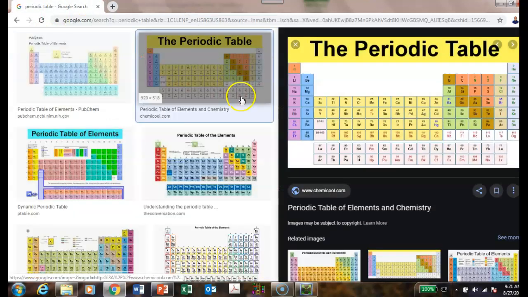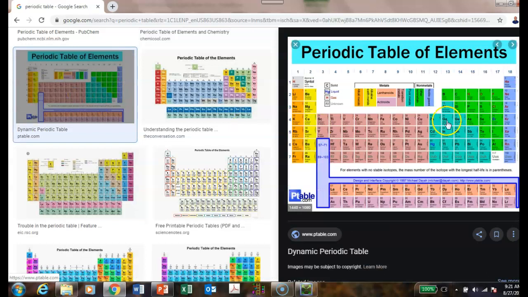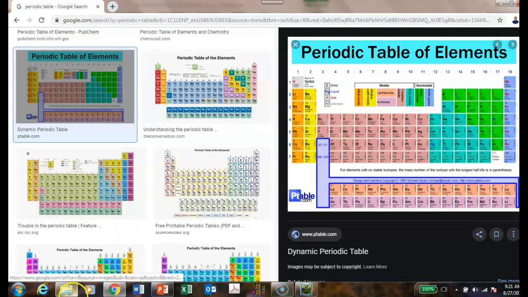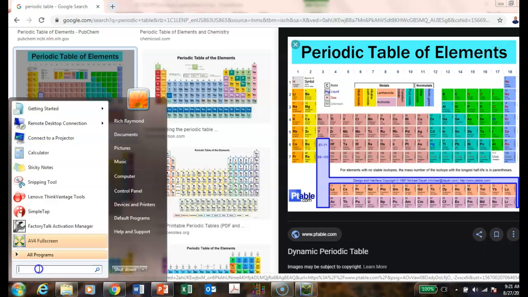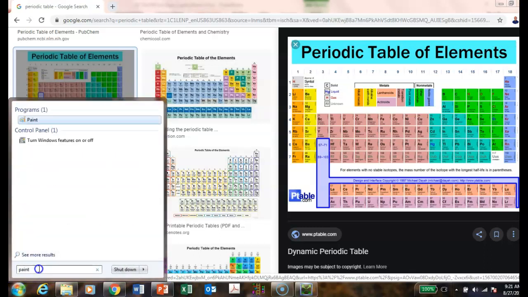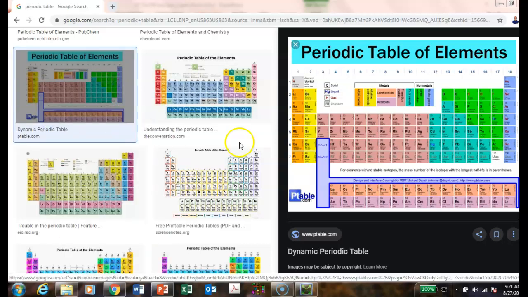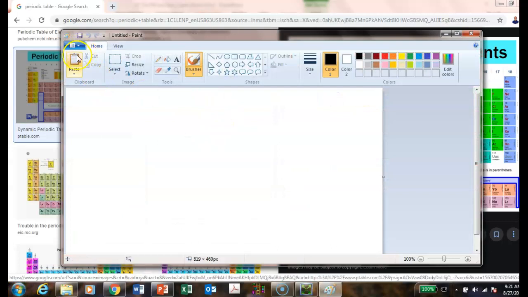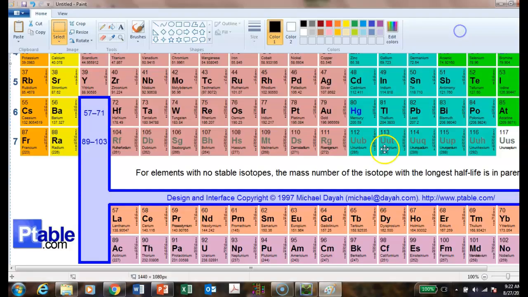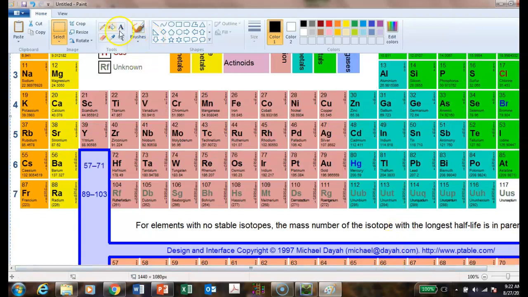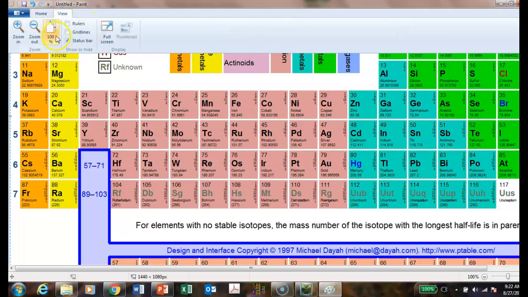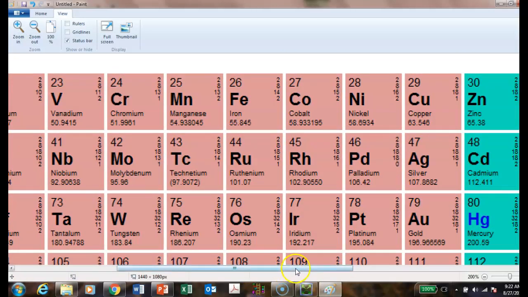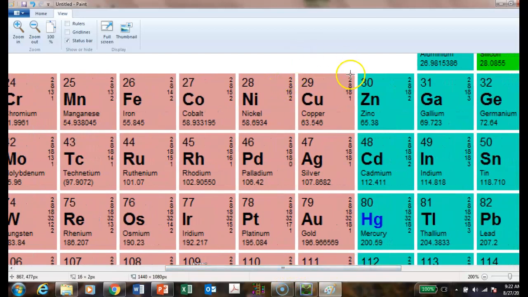That's not going to work because it doesn't show us the layout. So these show the layout of the shells.